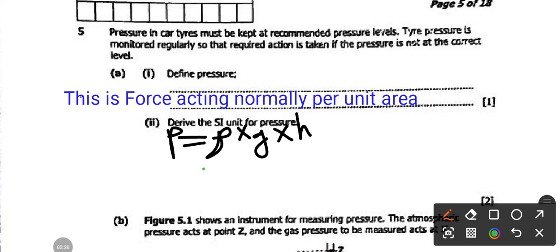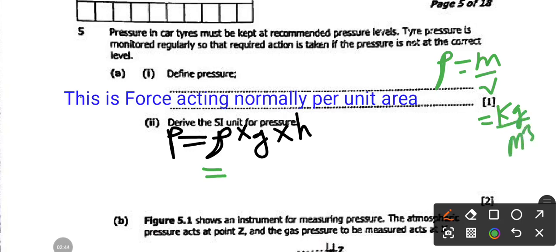Alright. The SI units for density, since density is mass over volume, right? And we know that mass is measured in kg in physics and volume is in meter cubed. So we will place here kg over meter cubed multiplied by g.